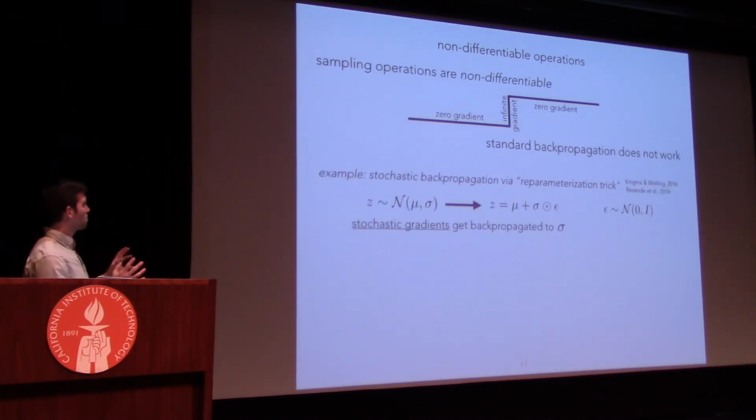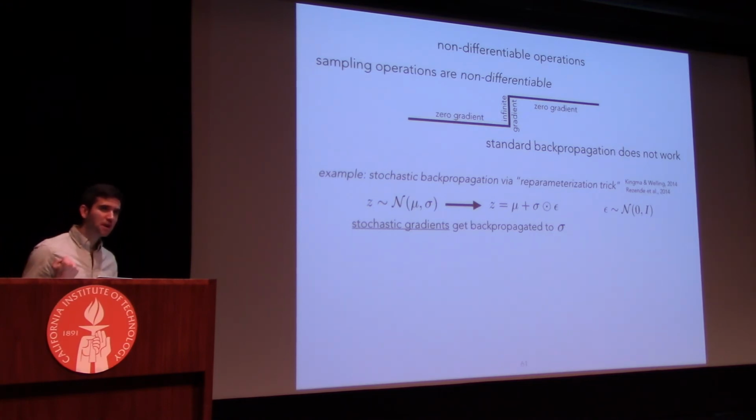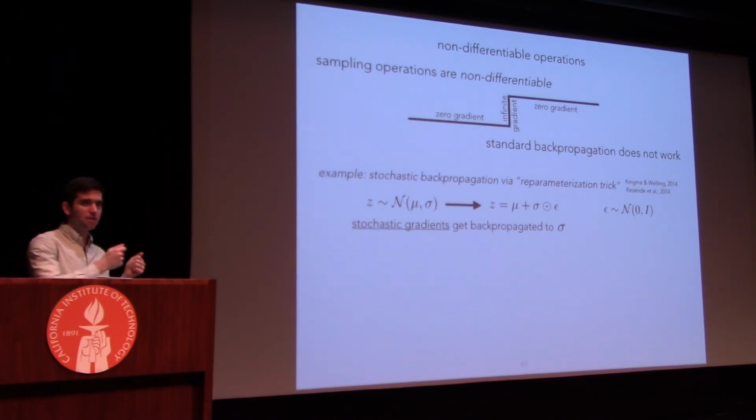So one method of getting around this would be, say if I had a continuous distribution like a Gaussian here, instead of sampling from a Gaussian, I can actually reparameterize this as my sampled value is my mean plus my standard deviation element-wise multiplied against some standard Gaussian noise.